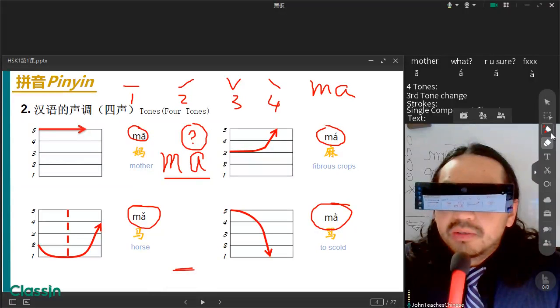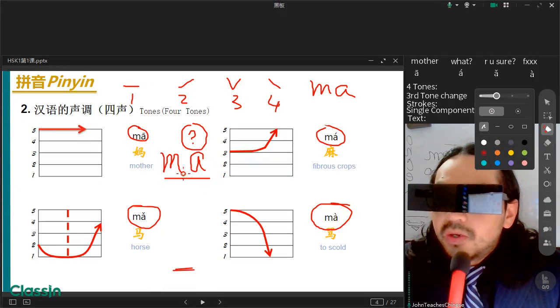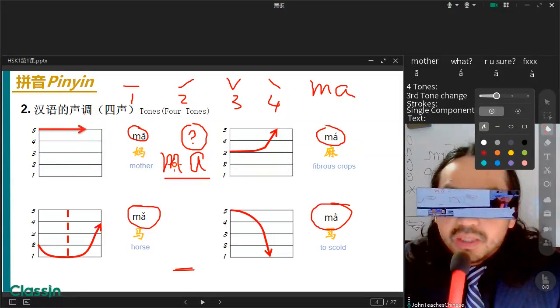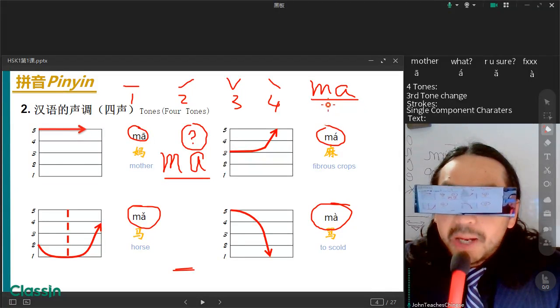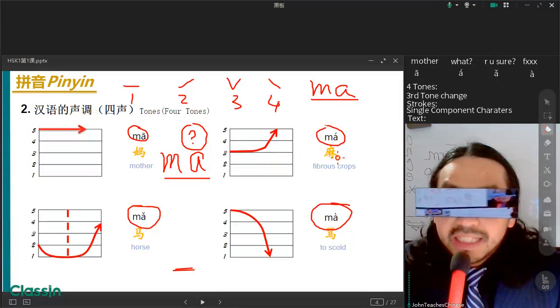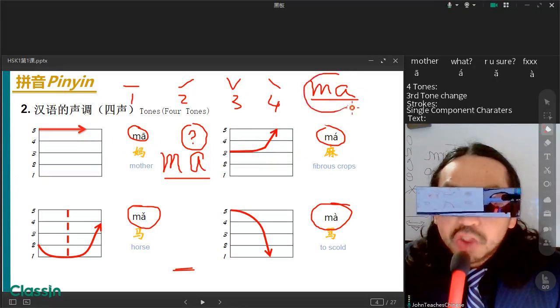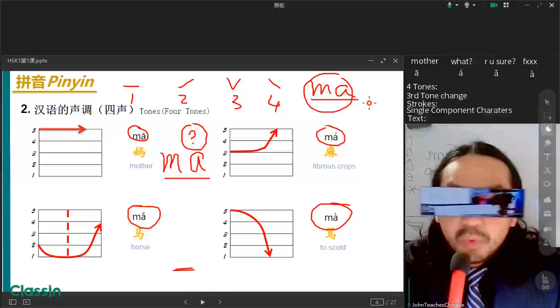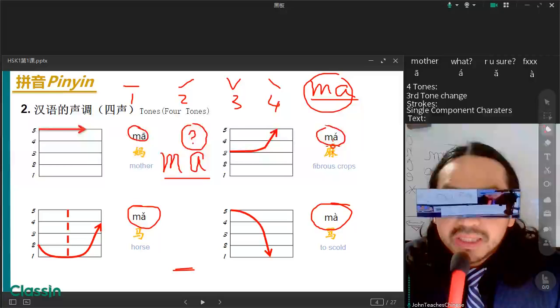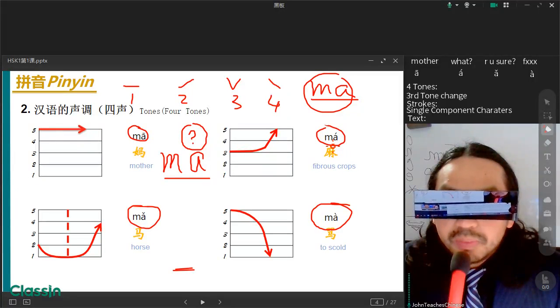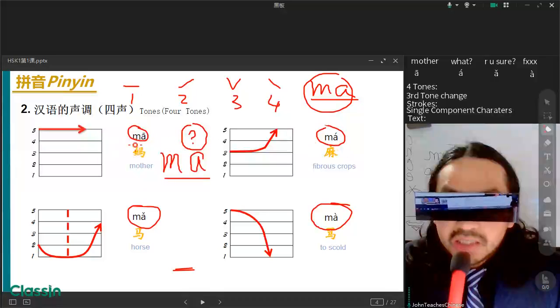Okay, let me give you a guide. The first one is ma. The second one, this ma should not be changed. It will not change into me or mu or mao or mo. It's still ma, but how you pronounce the tone has a little change. The first one is ma.